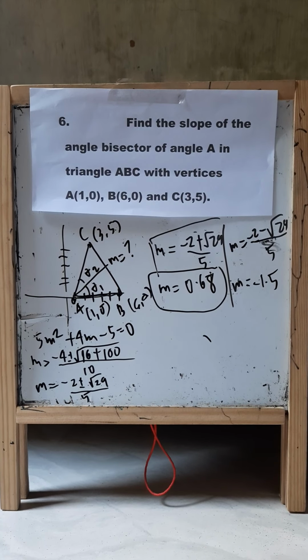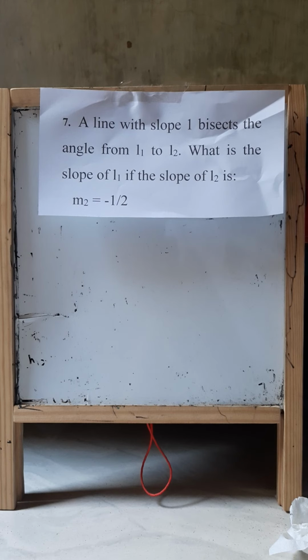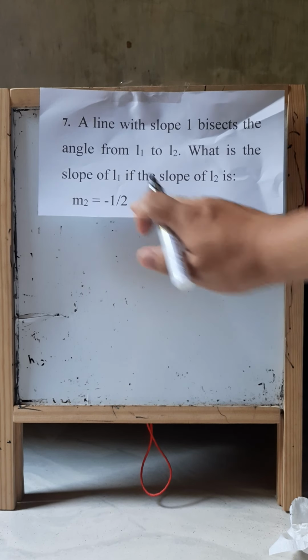Okay, let us now proceed to the last problem, number 7. For last number 7, a line with slope 1 bisects the angle from line 1 to line 2. What is the slope of line 1 if the slope of line 2 is negative 1 half?